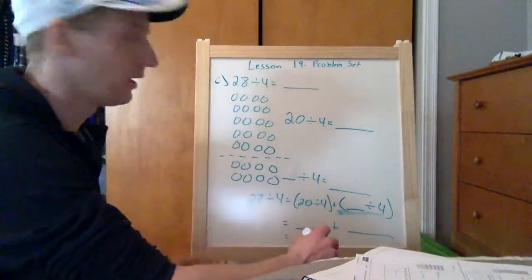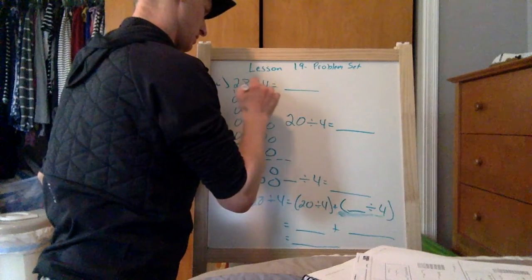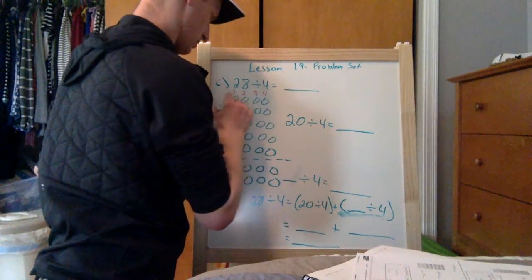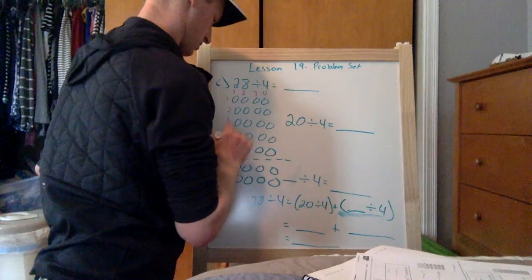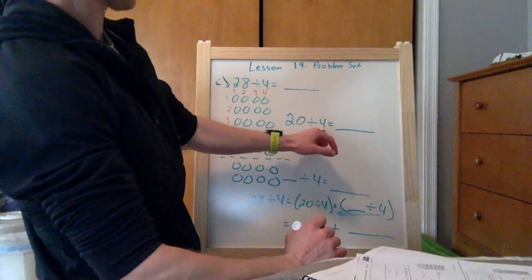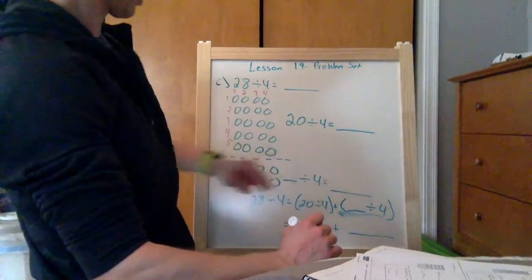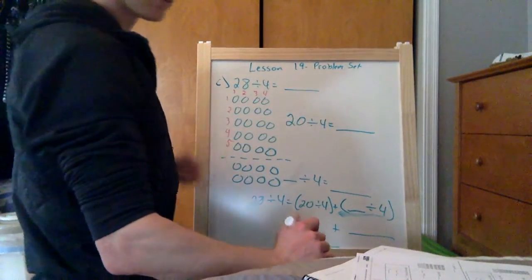That 4, is that telling us columns or rows? Columns are 4, rows are 5. What's this one telling us? Telling us columns. Therefore, this answer is the amount of rows.